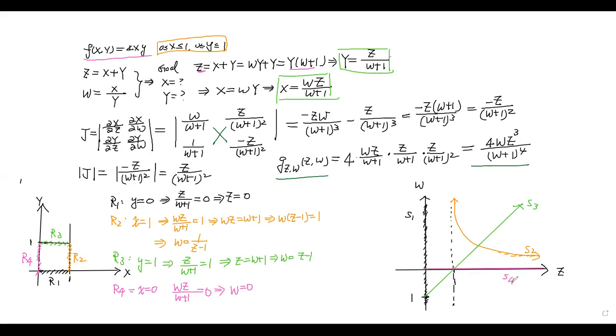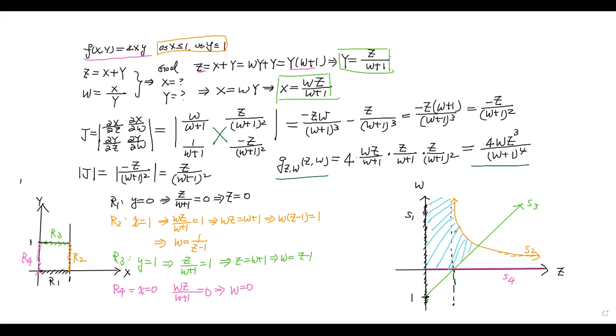So this is my S4, and now I know where my boundaries are, because I'm going to be bounded by those 4 lines, S1, S2, S3, S4. So I know this is my new boundary here.